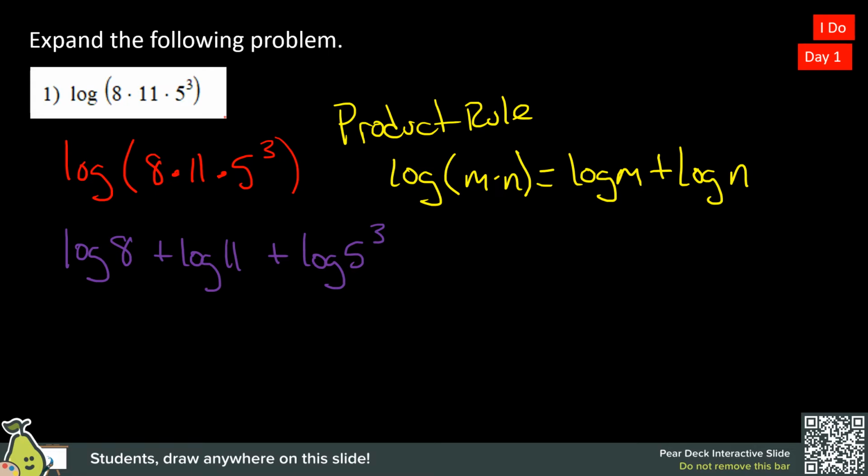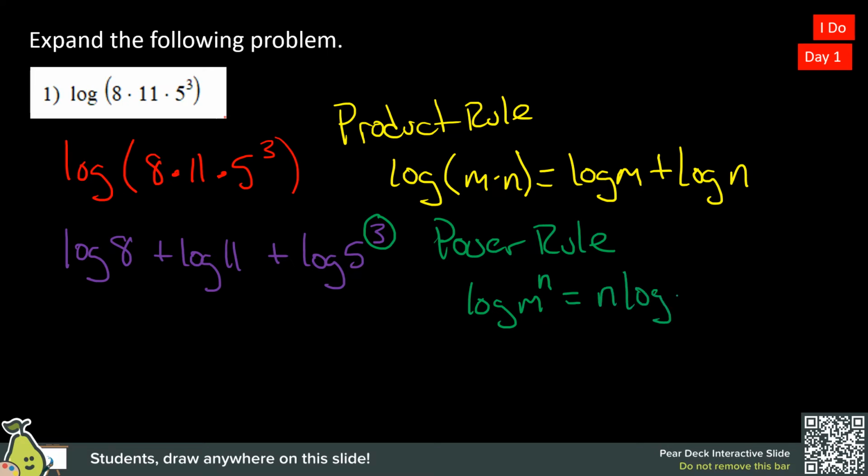to the third. Now, you guys, I'm sure you've already noticed, hey, we have this power here, so we're going to use the power rule as well. And you'll recall that power rule is log of m to the n is equal to n log of m. So we can essentially bring this value down.